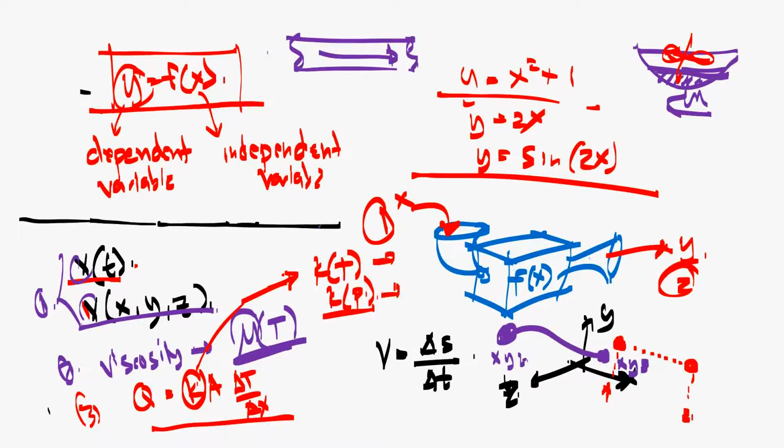What that simply means is that this k value depends on what temperature you have.